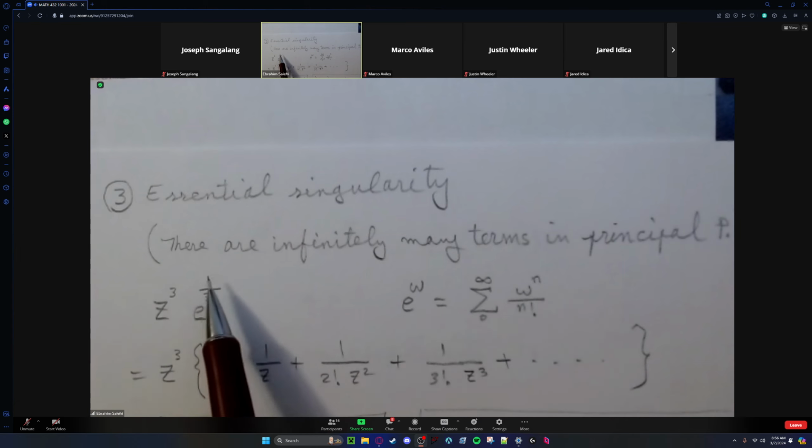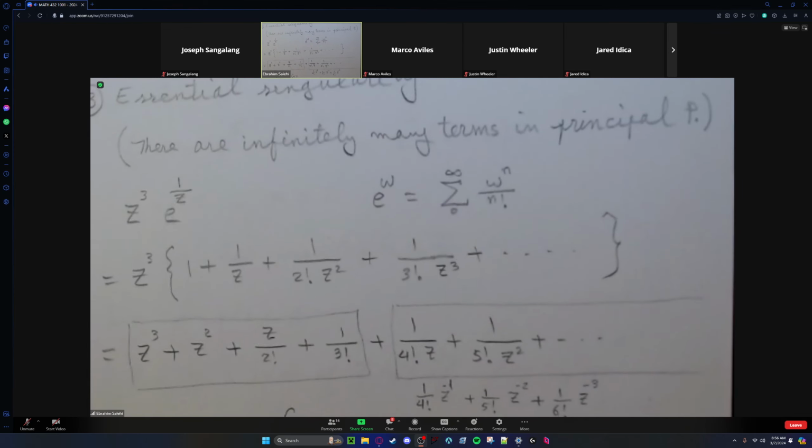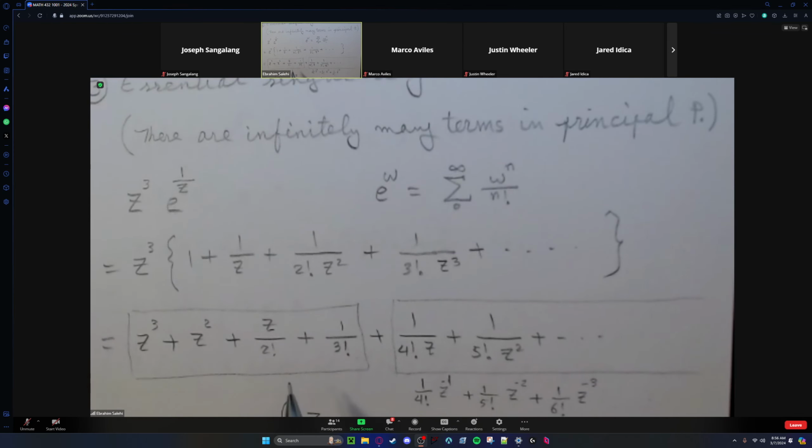So we use it right here. w in this case is 1 over z. And then multiply by z cubed. This is what we get. A constant, here z squared, z cubed, right? This part we call the analytic part. And the other part, in which we have negative powers of z, and that means z is in the denominator, this part is called the principal part.